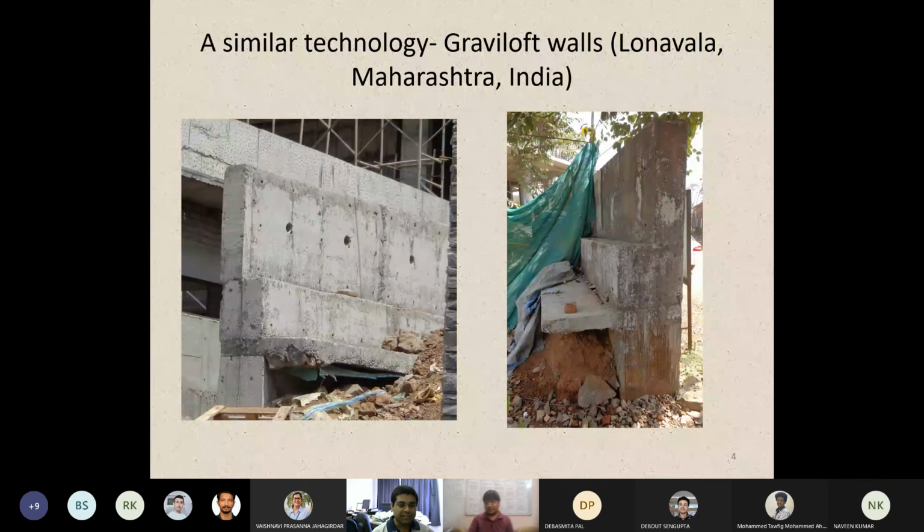But most of the failures, when we look into forensic investigation, apart from your design and those things, we can always find some fault, always, because there is nothing universal. But we do not look into the workmanship, what they have done, and we will never have those data. We never maintain those data.